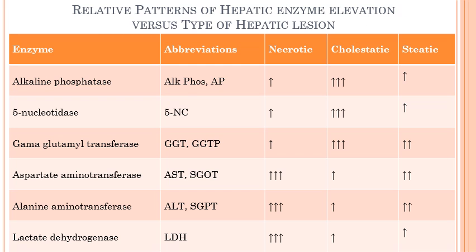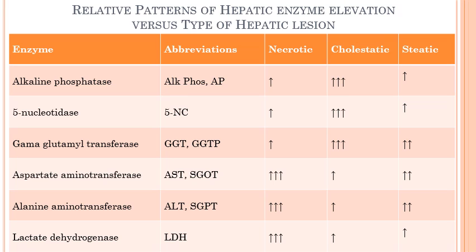As earlier discussed, the different types of agents can affect the liver differently and may cause different types of pathologies. These include the necrosis, cholestasis, and steatosis. These different pathologies will affect the liver enzymes variably.